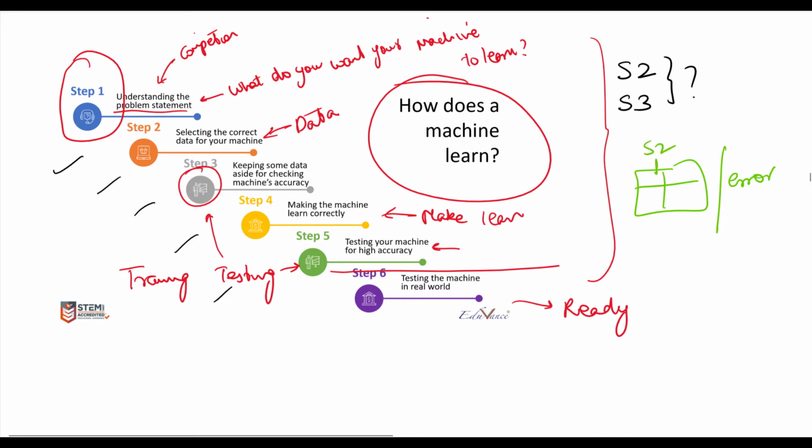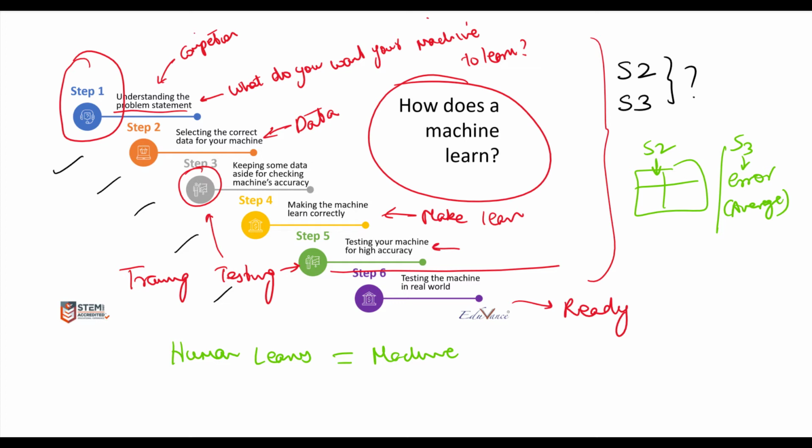In session 2, we looked at the confusion matrix. In session 3, we looked at error and the concept of average error, if you remember. So basically, you can compare how a human learns with how a machine learns, and the steps are fairly similar.